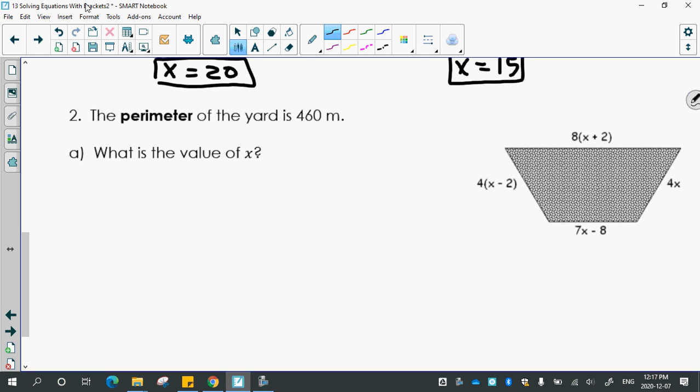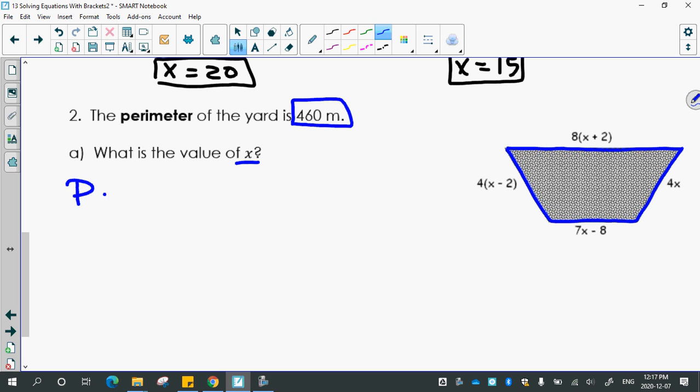All right, so it tells you the perimeter of a yard is 460 meters, and it asks you what's the value of x. So if you remember back to last week, perimeter means add all these sides together. Everyone good with that? Perimeter means add all the sides together.